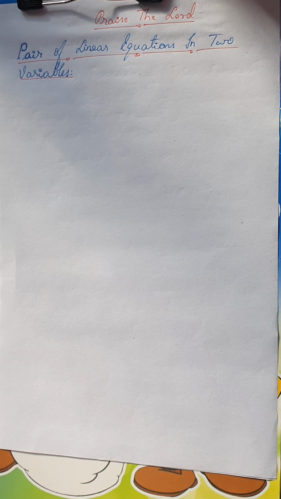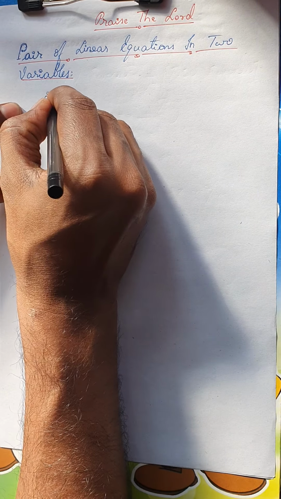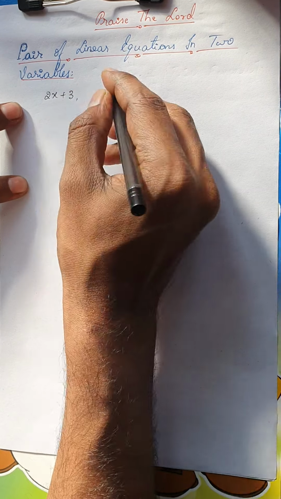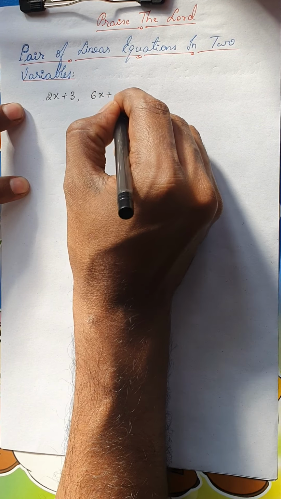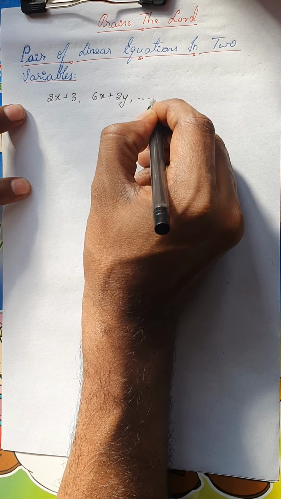Now before we see the method of finding the solution of the pair of linear equations, let me first tell you what is an equation. Remember, there are many mathematical expressions. For example, 2x plus 3 or 6x plus 2y, and so on.